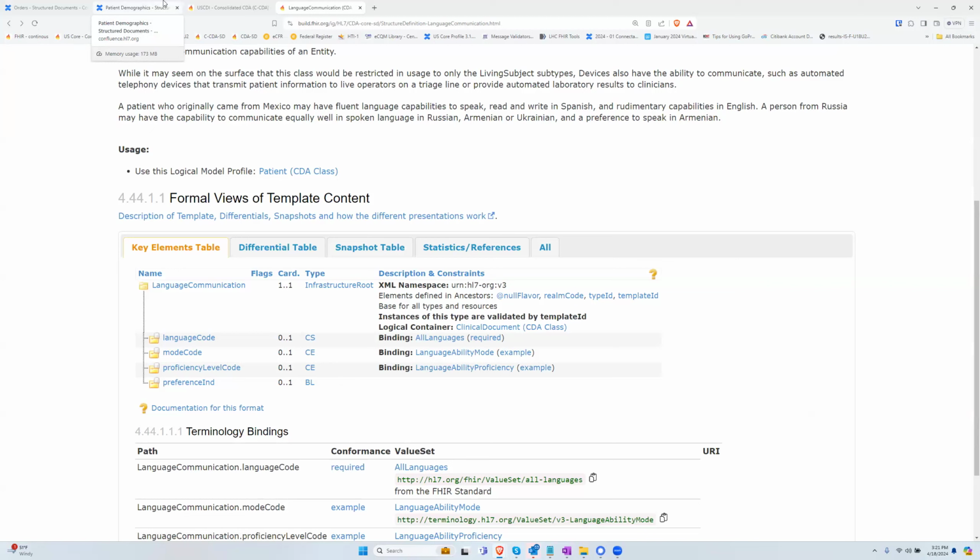Well, and that preference indicator would tell you what they prefer, and then you would know by that what you need to be able to speak. Yeah, and we've got some examples above. A person from Russia may be able to speak Russian, Armenian, Ukrainian, and prefers to speak Armenian. Right.